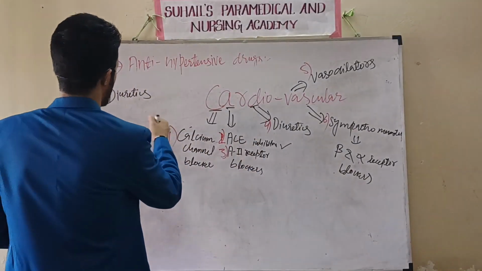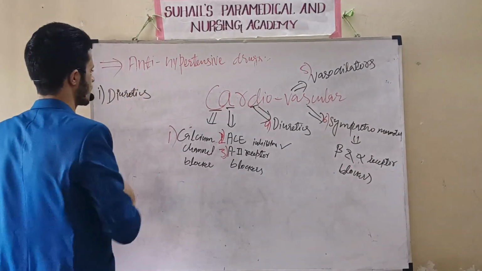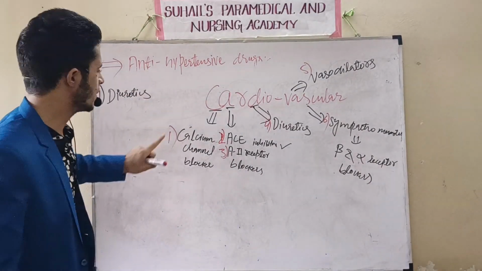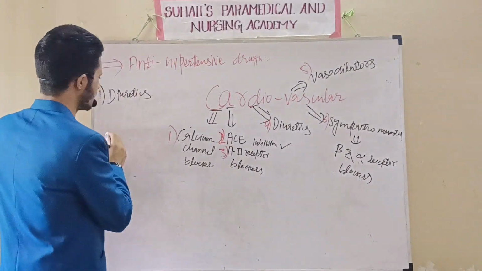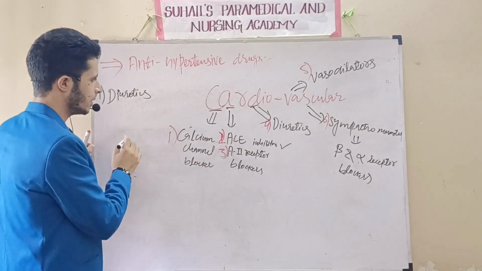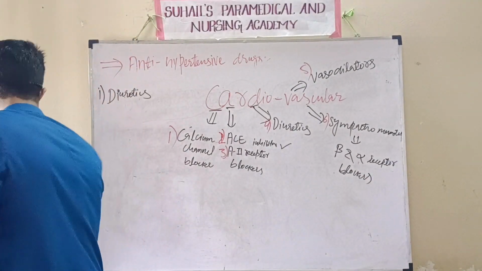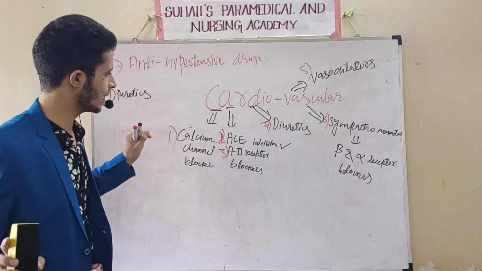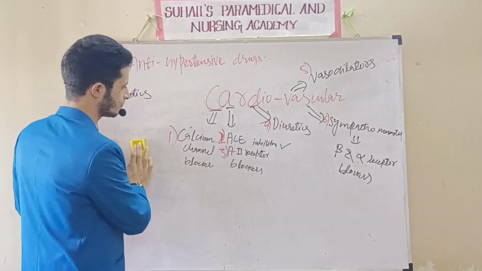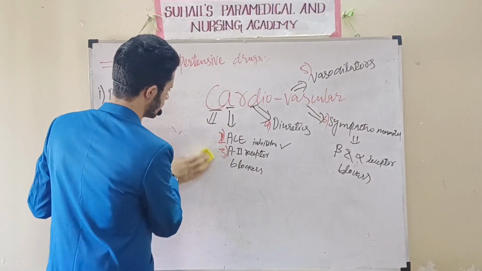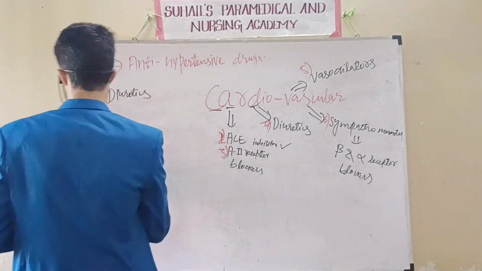So let us come to the point, that is diuretics. In diuretics you have to remember there are many classifications. I want to rub this off. Anyone who wants to take the screenshot can take it. I will keep this much.